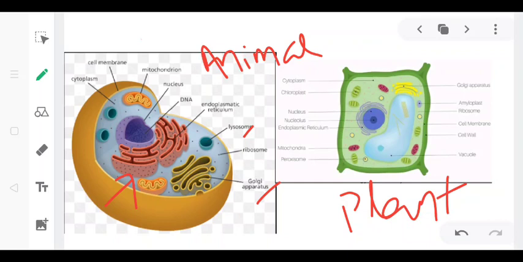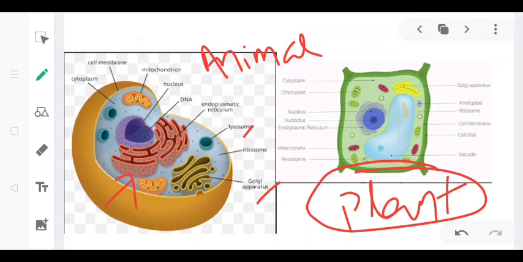Plastids and vacuoles are found mostly in plant cells. They are not found in animal cells. Yes, you can find some vacuoles in animal cells also, but they are found mostly in plant cells.